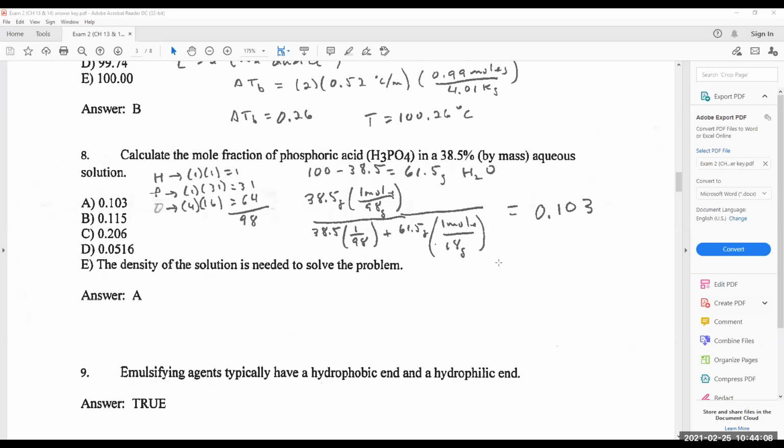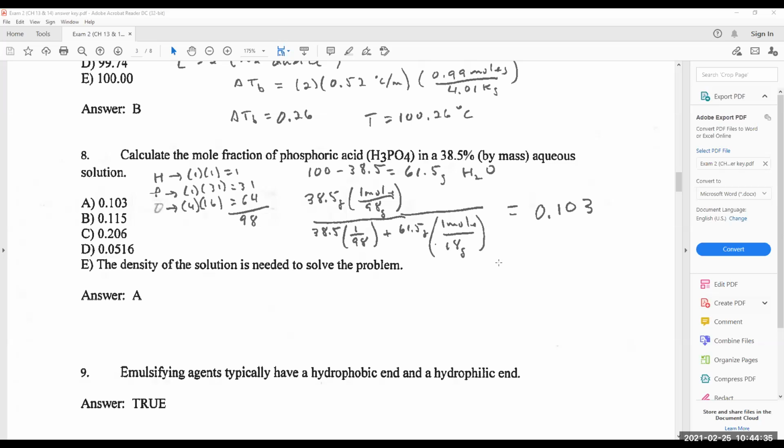And so since it's a mole fraction we want, it'll be moles of phosphoric acid divided by total moles. So we need to convert both of those into moles. So we need to calculate the molecular weight of phosphoric acid. That comes out to be 98. Molecular weight of water is 18. So in the numerator, we convert that 38.5 grams of phosphoric acid into moles.